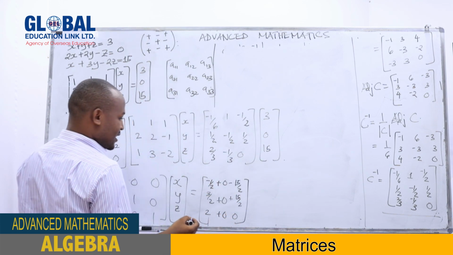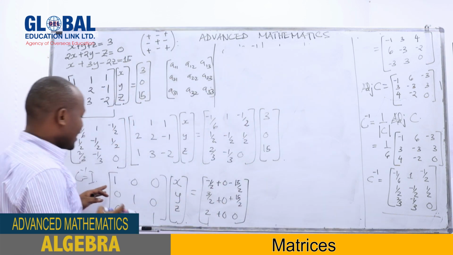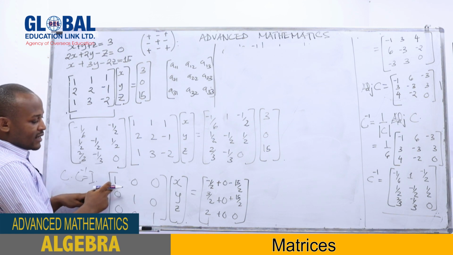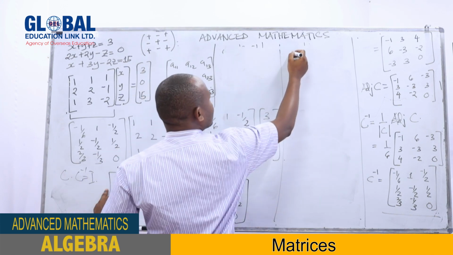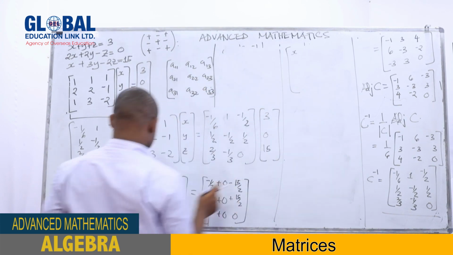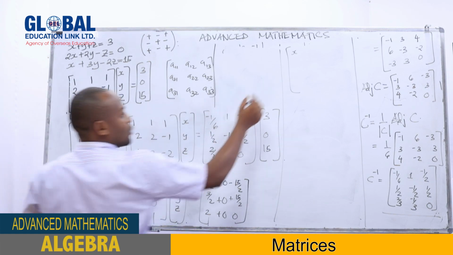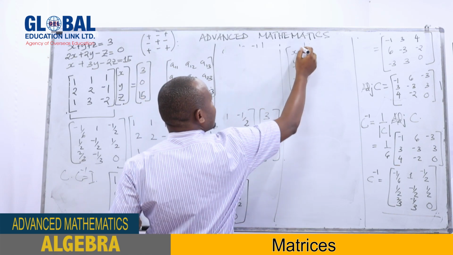And finding the answers to that, if you multiply the identity matrix, we shall be left with 1 times x is x, and then the rest will be zeros there, and then we will be left with y, and the last there will be left with z.